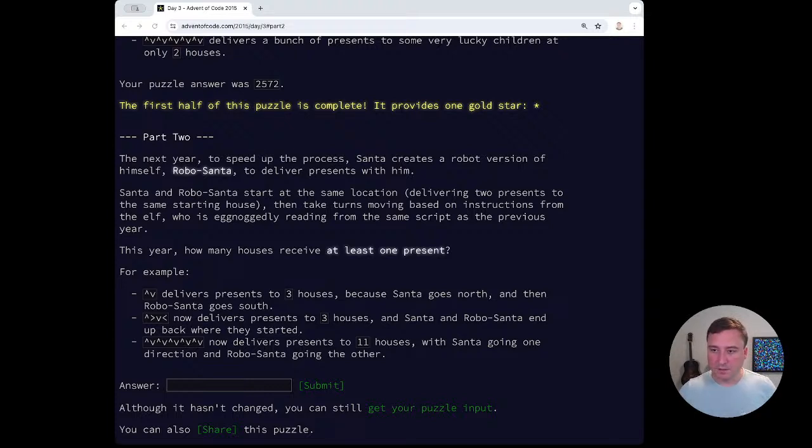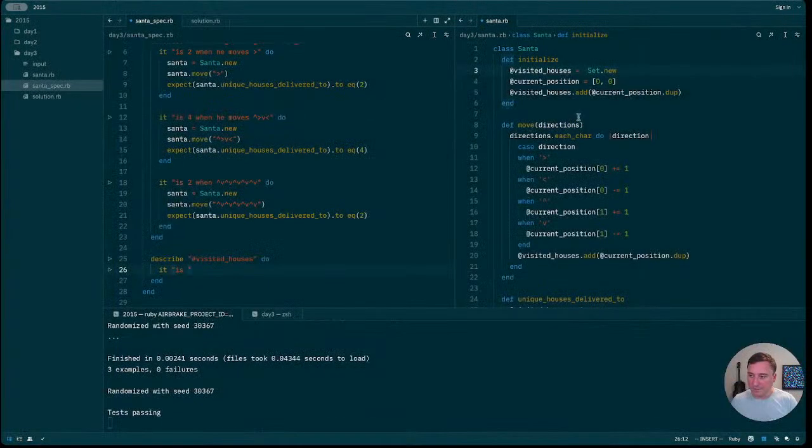Oh, I'm not showing the editor. Okay, so if we have a visited houses method, it's basically going to enable us to get access to that visited houses set, but let's make sure that works.